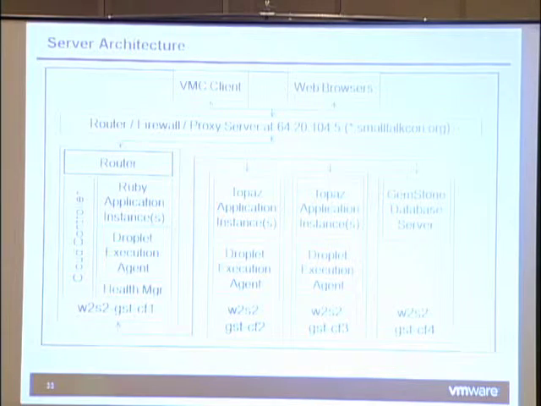So our server architecture is now a little bit more complicated. Previously, we had our VMC client and web browser, the VMware firewall that routes Smalltalk conference traffic to our own cloud controller on CF1. On this machine, I have the router, the cloud controller, the health manager, and the Ruby execution environment.